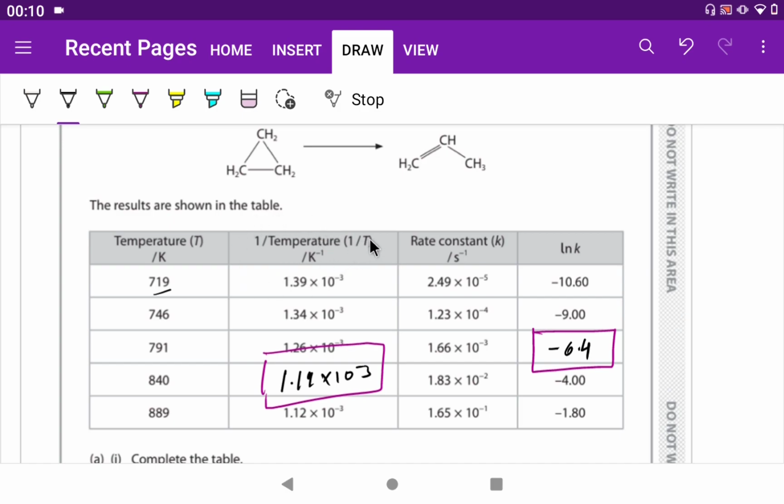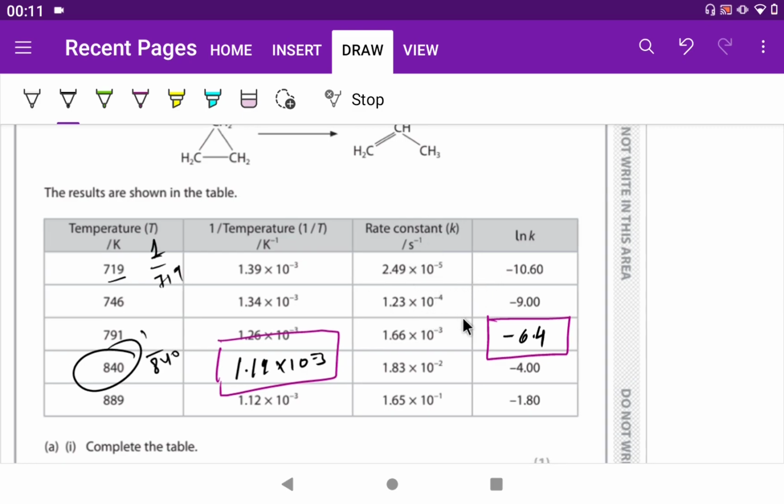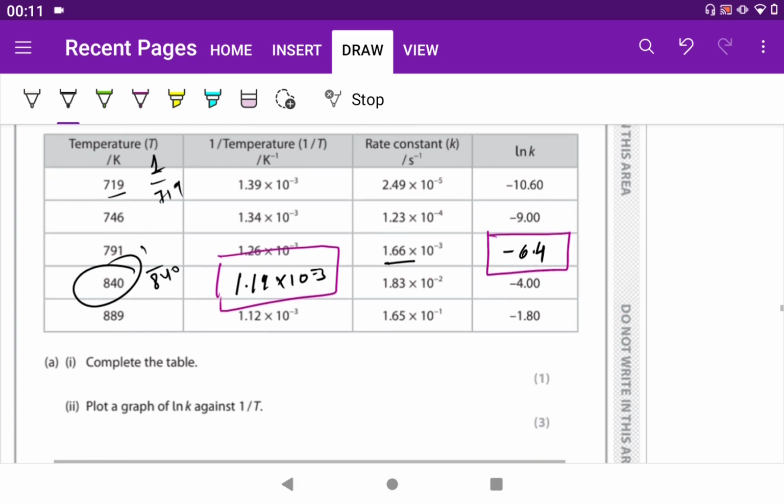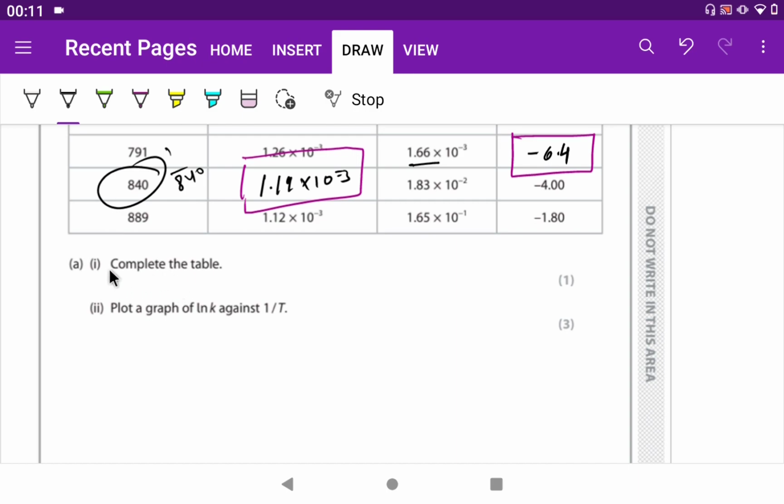So we need 1 upon T, the reciprocal of this, so we can solve this. 1 upon 840 comes out to 1.19 times 10 raised to minus 3. And for the rate constant, when we take ln, we get minus 6.4. So the table is completed.